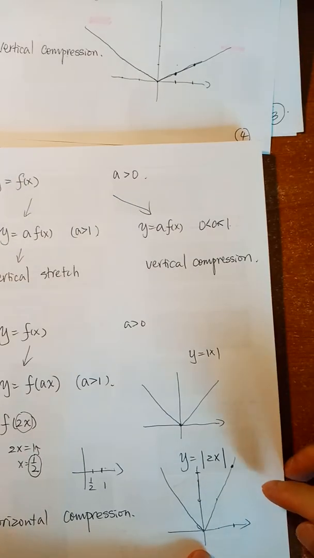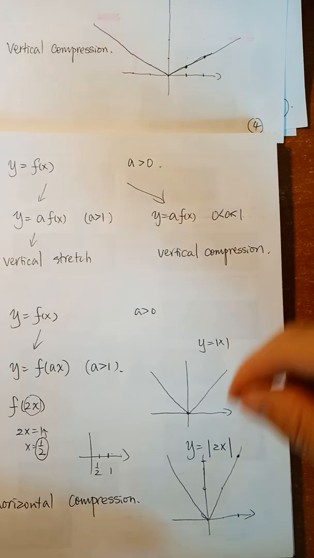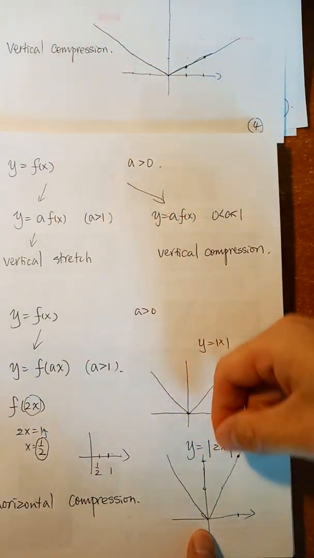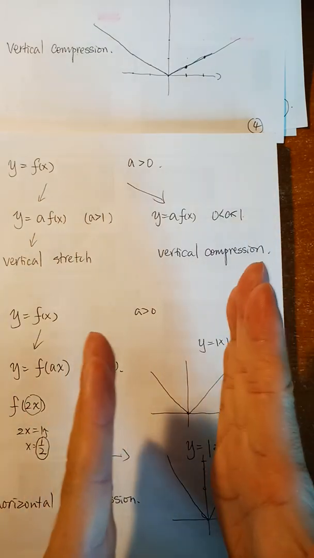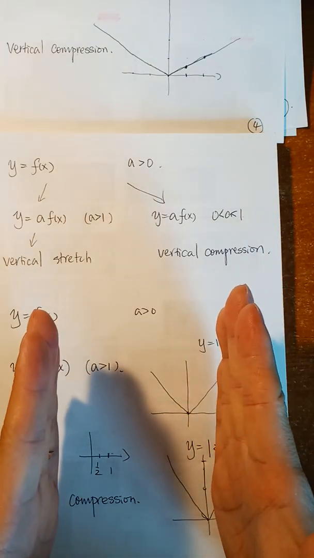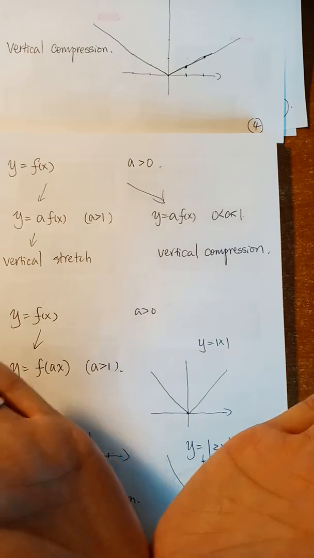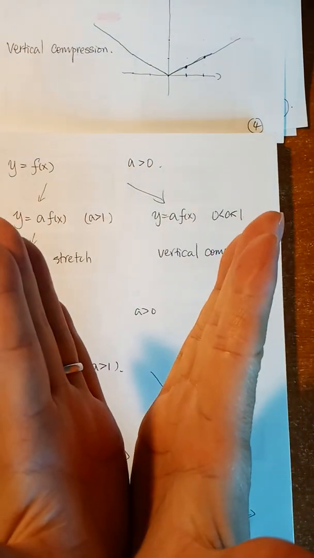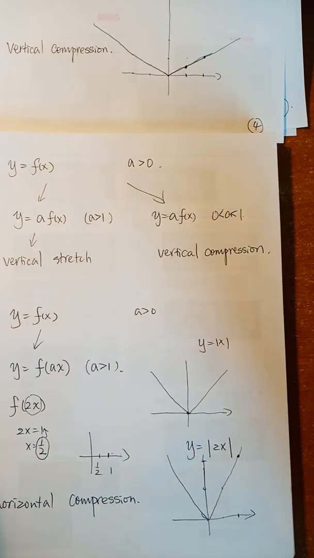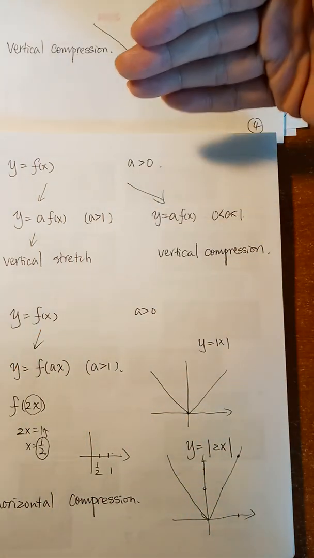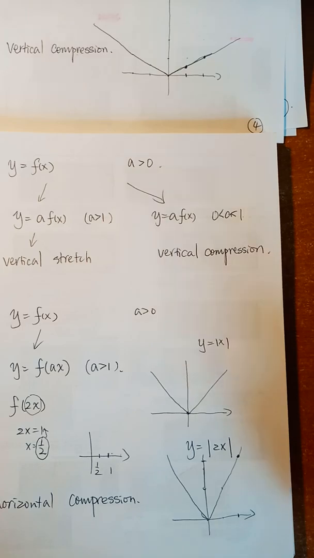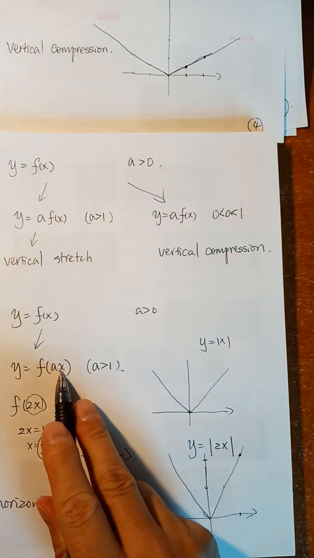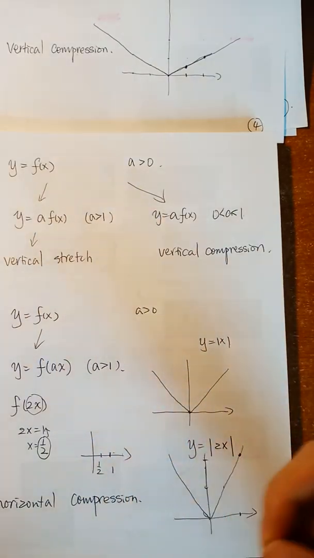This function looks a little bit similar to the previous one. If you consider vertically, you kind of stretch it, but if you consider horizontally, you actually squeeze it or compress it. You see? So it's a horizontal compression, and it's a vertical stretch. So vertical stretch and horizontal compression are related. When this a is greater than 1, it's a horizontal compression.